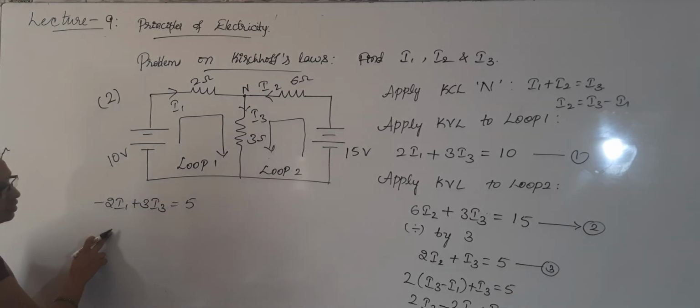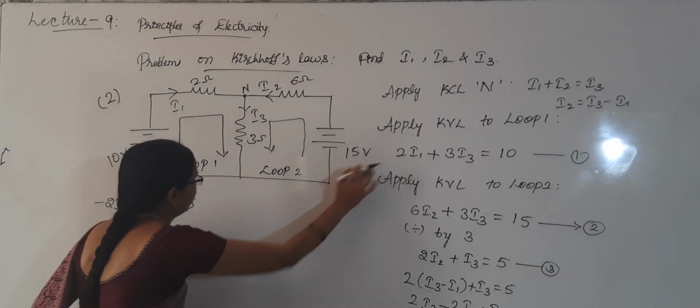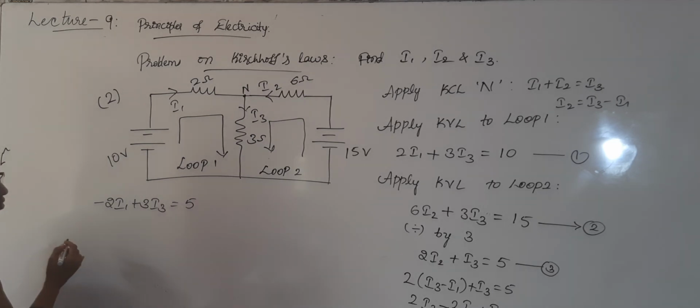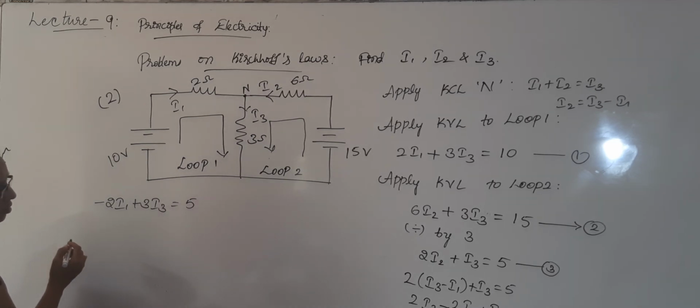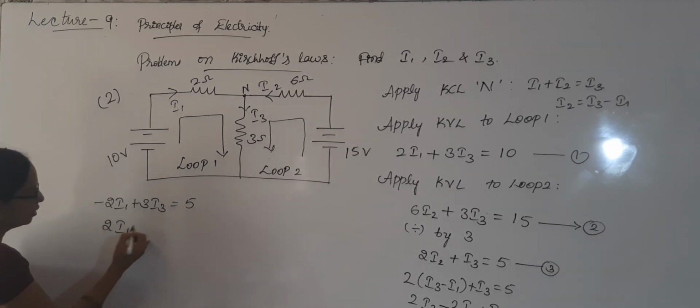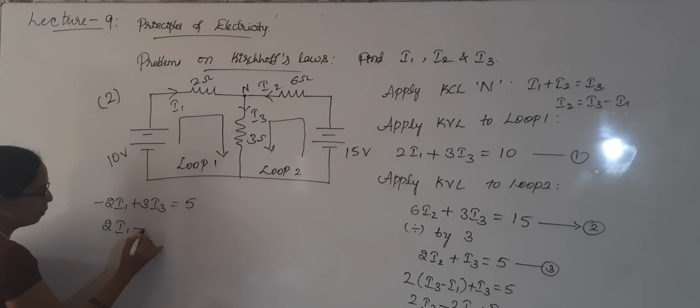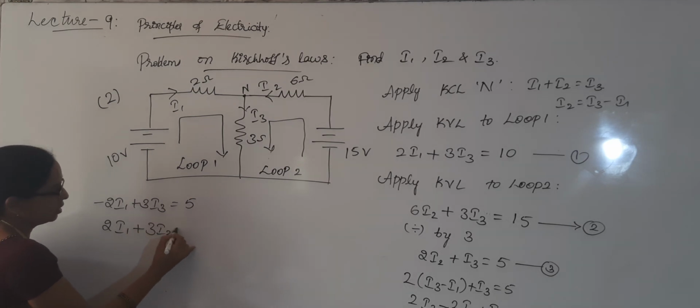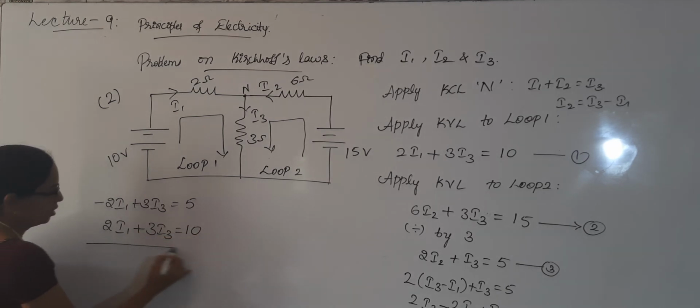Okay. Next, what is equation 1? Equation 1 is 2I1 plus 3I3 is equal to 10.